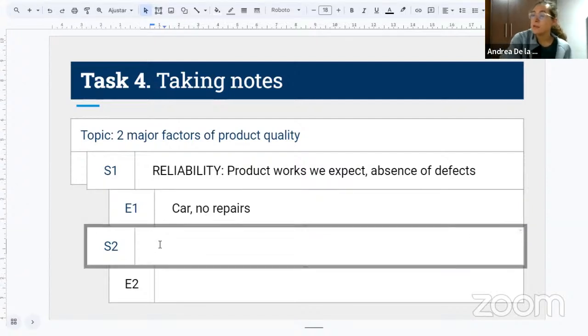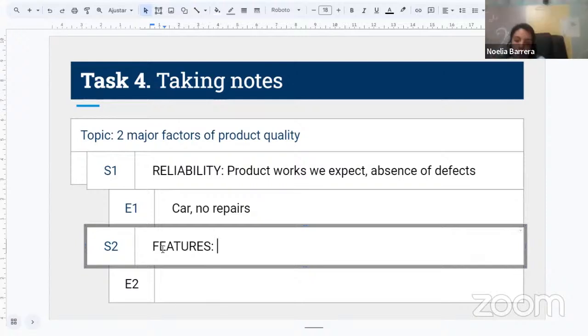Now, what about the second subtopic? What was the second factor of product quality? Features. Exactly, features. And what are features? It's something that makes it easier to use.